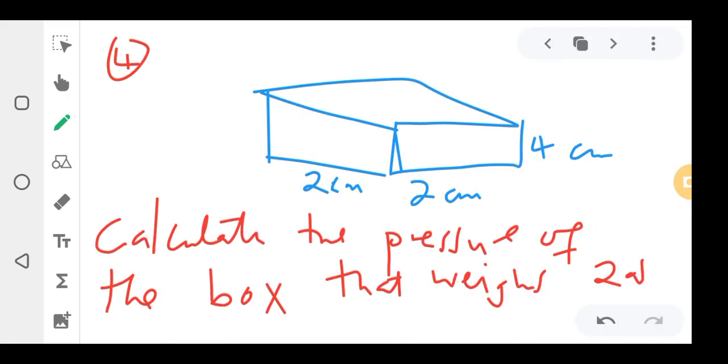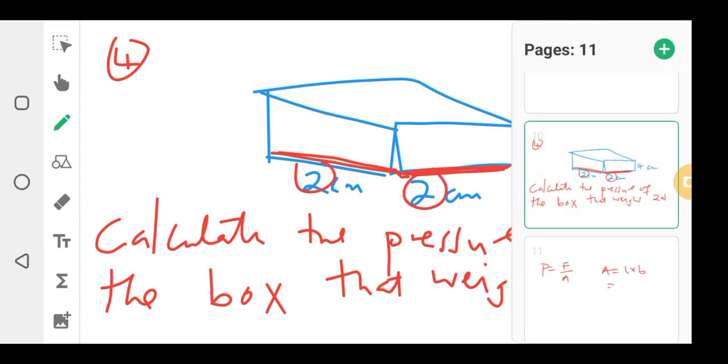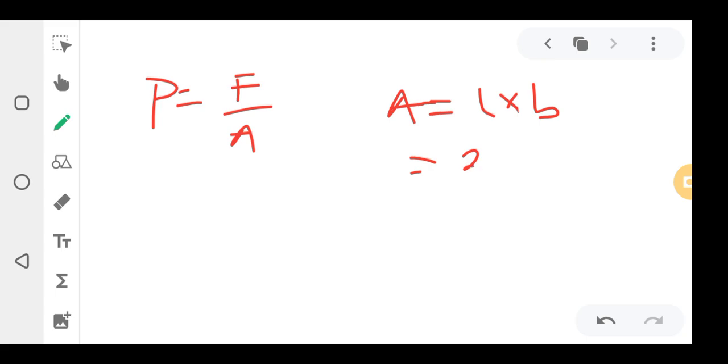Length times breadth. So it is 2 times 2, which is equal to 4 centimeters squared.